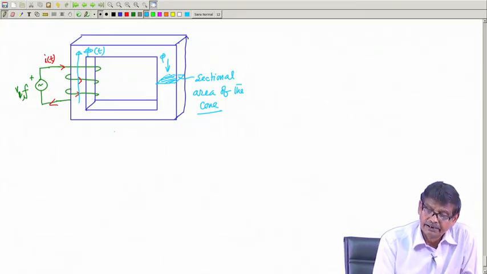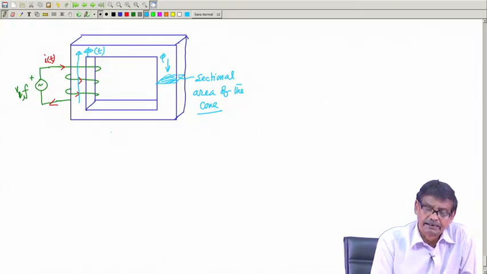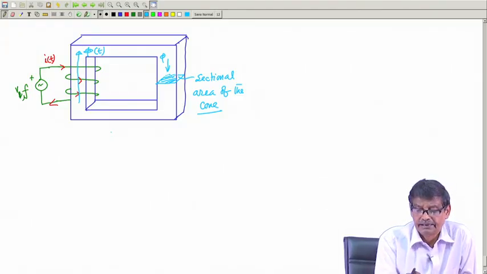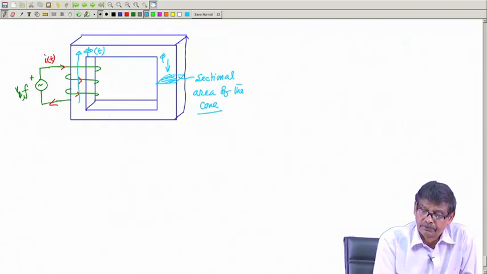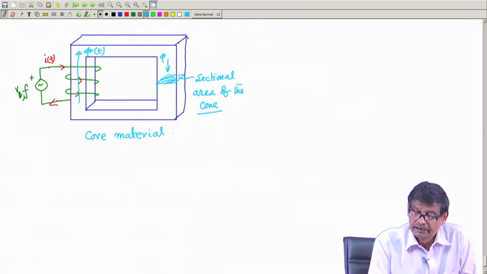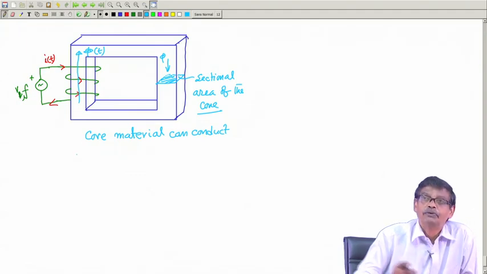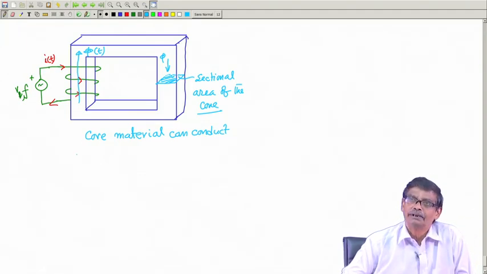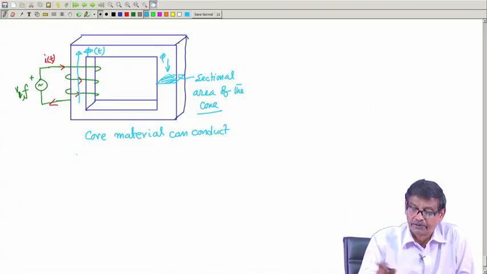Mind you, the core is a ferromagnetic material made of iron, and it is solid like this, and this core material is also conducting. Core material can conduct electricity, because iron, though not as good a material as copper, also carries current and allows current to flow.